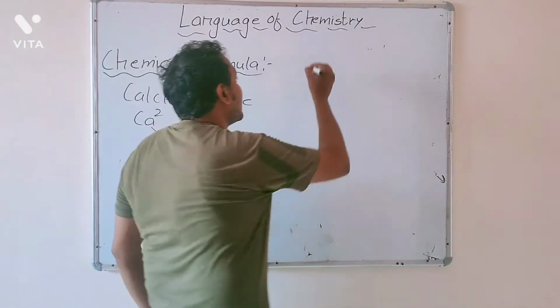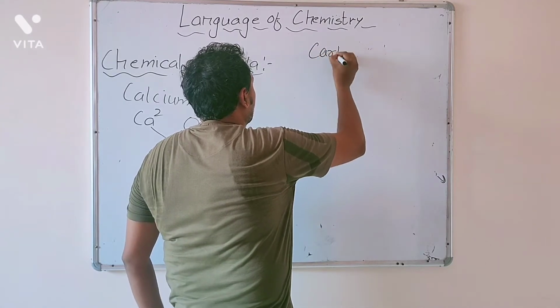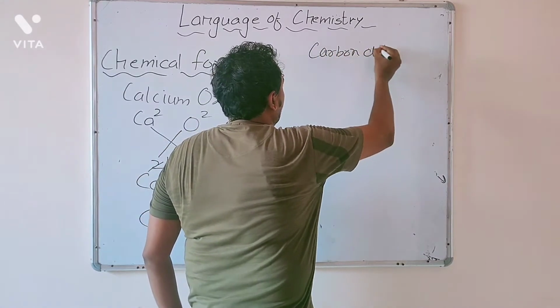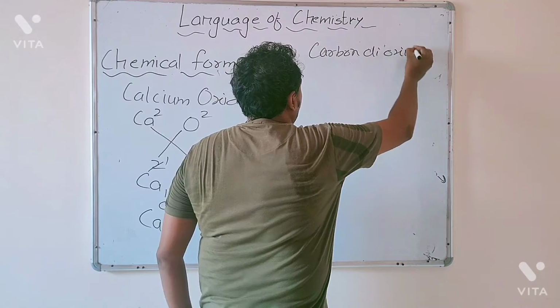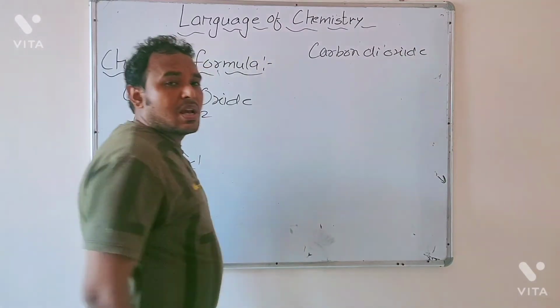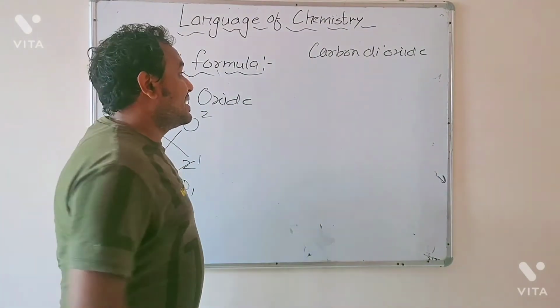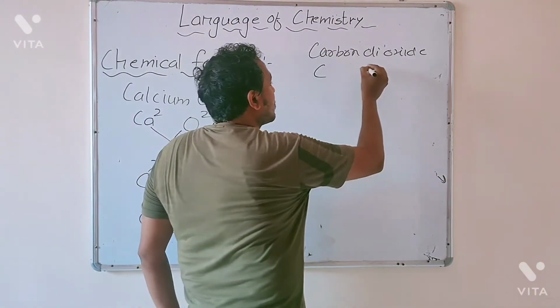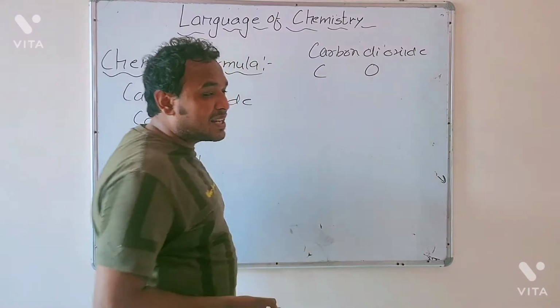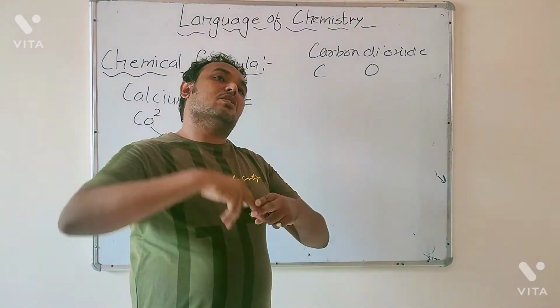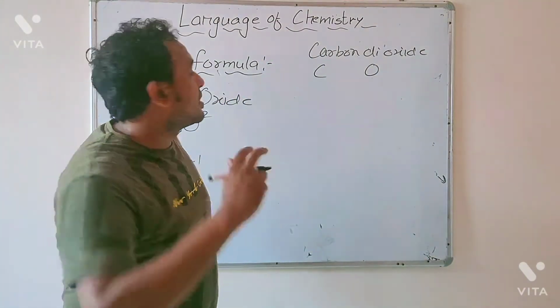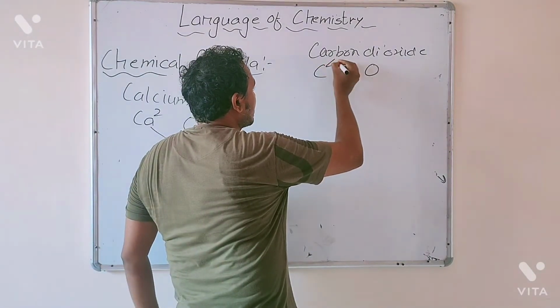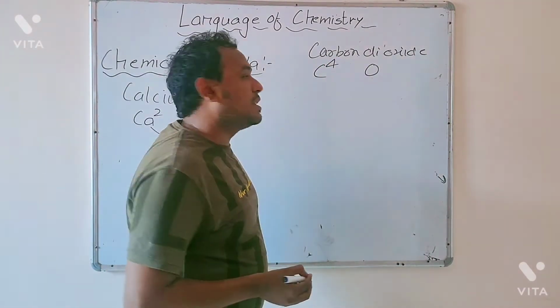Another example, carbon dioxide. The symbol of carbon is C, while oxide is O. Second step, write down their valency on the superscript. The valency of carbon is 4, while oxygen is 2.